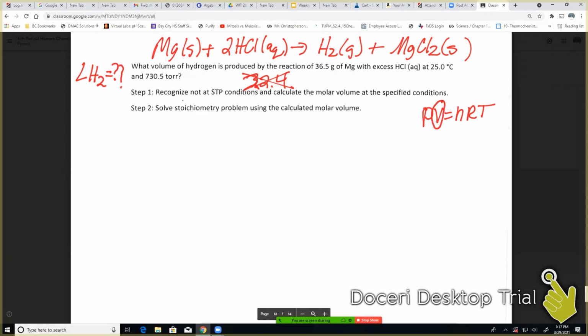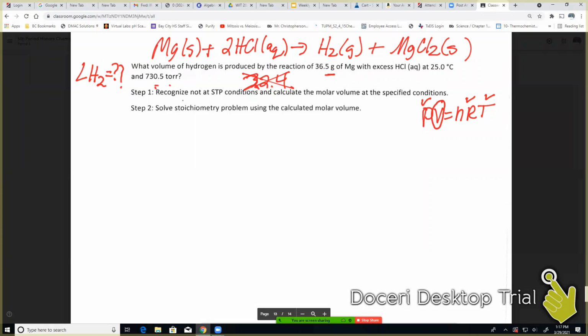So if I look at that, I have torr, so I have my pressure. My R we always have because that's a constant, and I have my temperature. But I don't have moles, so I'm lacking 2 things at this point, so I just can't take those numbers and start filling them in. I can't put grams into that formula, and besides that, that's grams of magnesium, which is a solid.